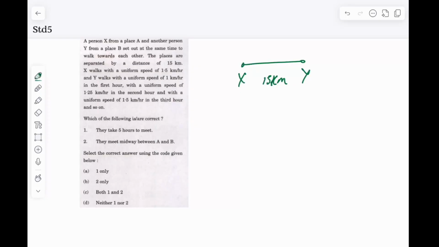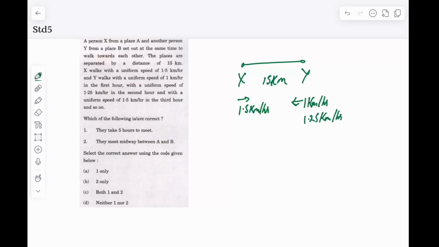X walks with a uniform speed of 1.5 kilometer per hour, whereas Y walks at a speed of 1 kilometer per hour to begin with, and then 1.25 kilometer per hour and then 1.5 and so on.